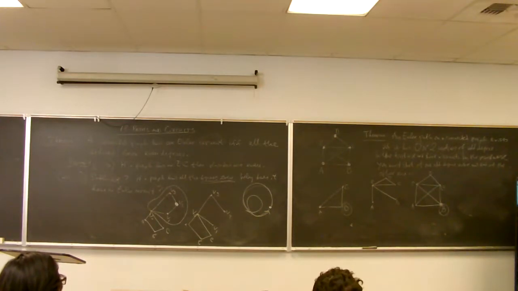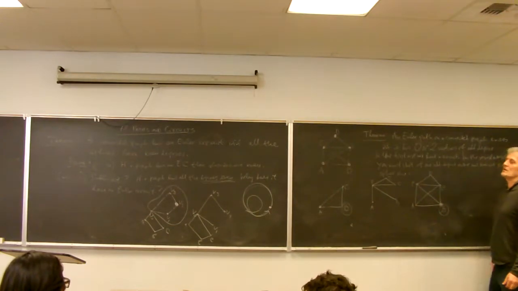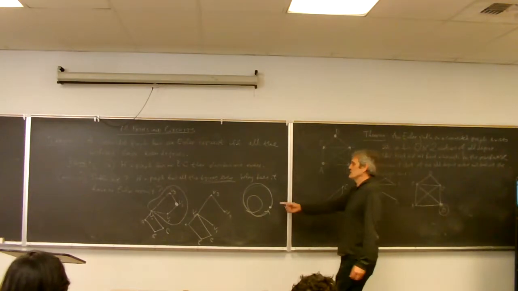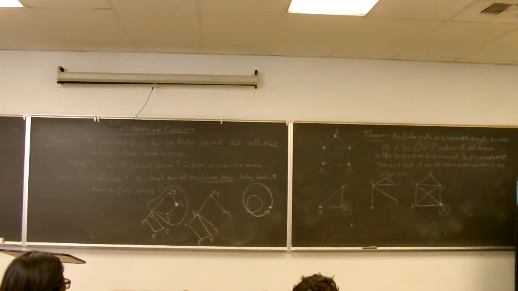So again, here is also if and only if. If you have two odd degree vertices, then you can connect them. You can always connect them, and the construction works the same way as in this case. All right, so that was the story about Euler circuits and Euler paths.